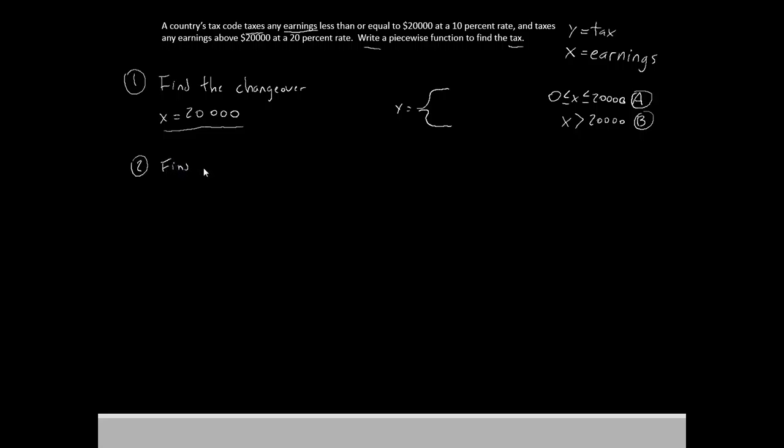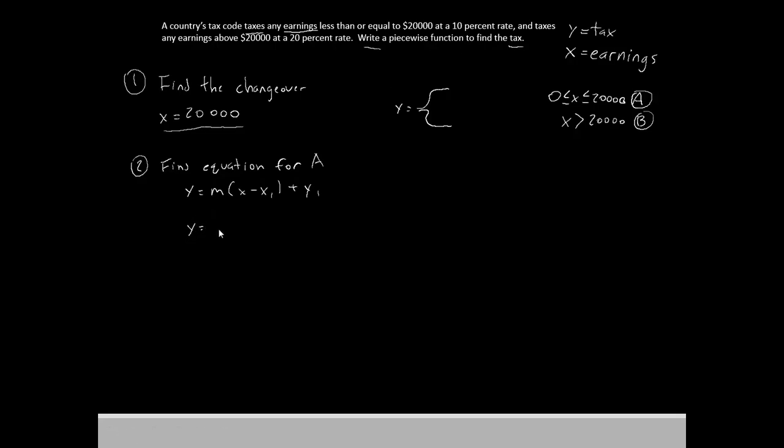Now that we know the changeover, our second step is going to be to find the first equation for piece A. Well, let's start from the general form. y equals m times x minus x1 plus y1. Alright, so it says that for A, in between 0 and 20,000, we have a 10% rate.